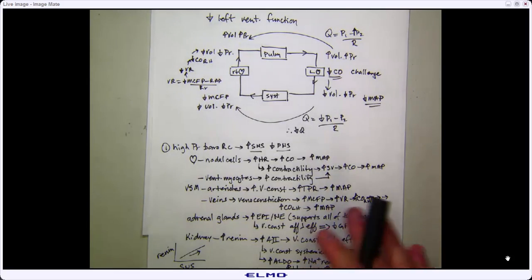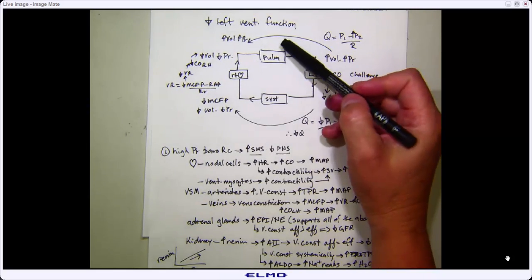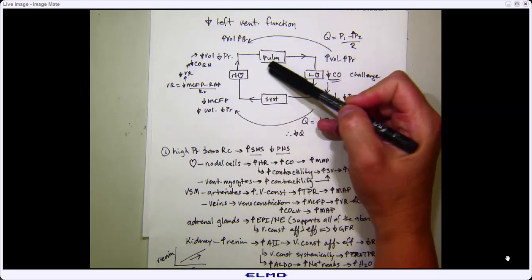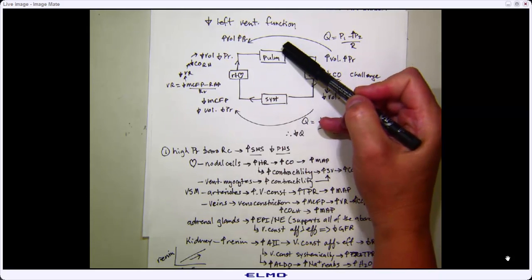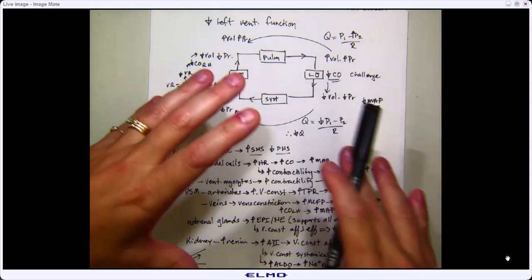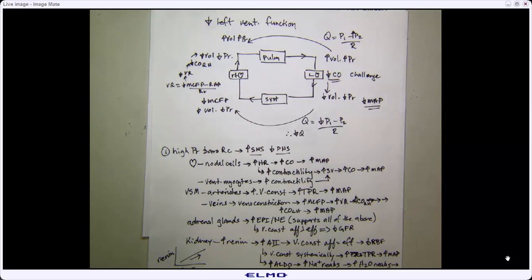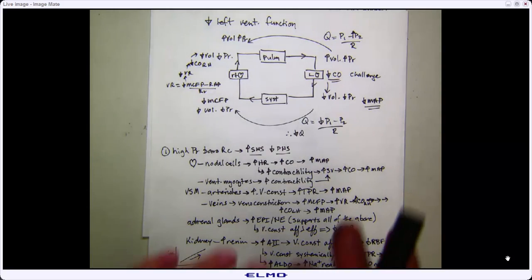And so where we're going to go from here is we're going to add a system on. We're going to go up into the pulmonary system now and think a little bit about some other regulated variables. We've been really focusing on mean arterial pressure, but there are other regulated variables and other sensors associated with those.